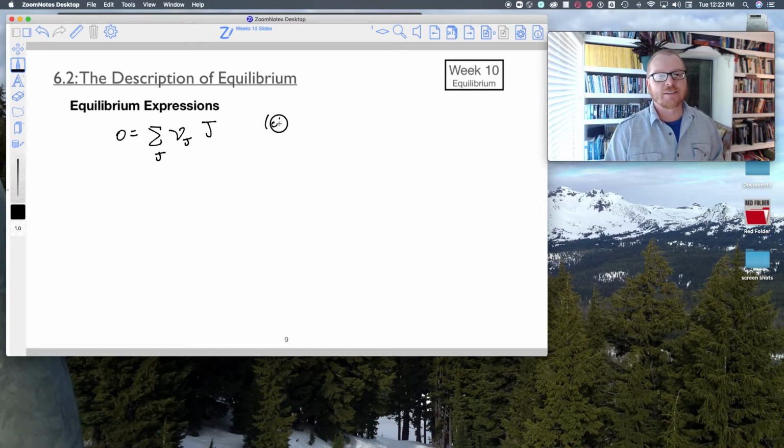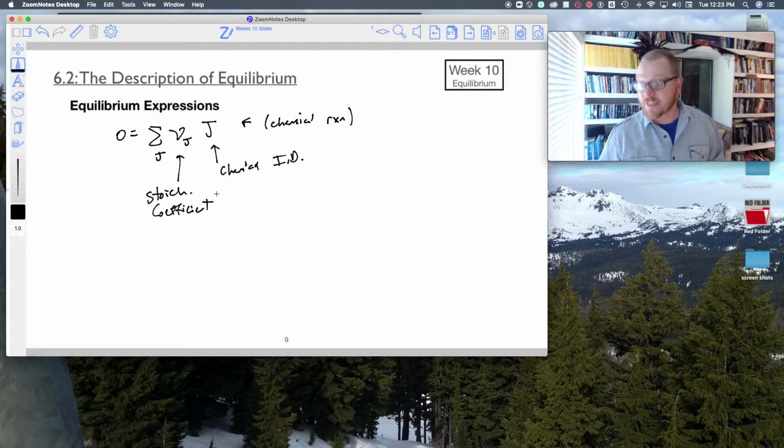So J is the chemical species, the chemical identity. This is the stoichiometric coefficient that you use to balance the reaction. And the sum of all of these should equal 0. That's saying the reaction has to be balanced.